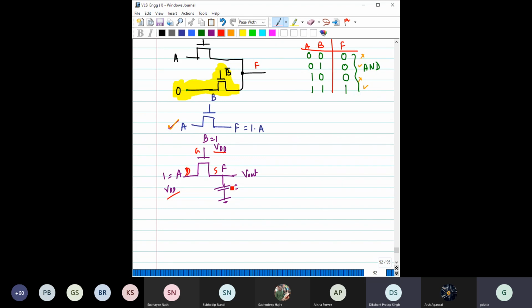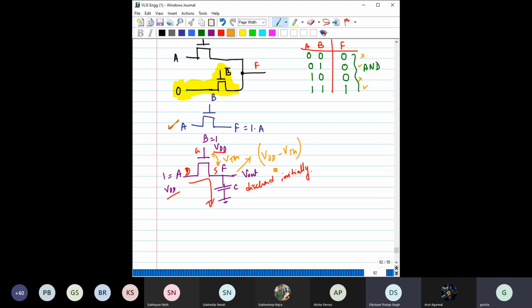Say initially this capacitor was discharged. Then this capacitor will start charging, and you know that there has to be one threshold voltage difference between gate and source. So the maximum voltage that you can reach here is VDD minus VTH.